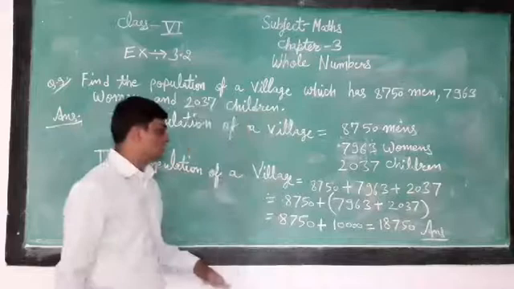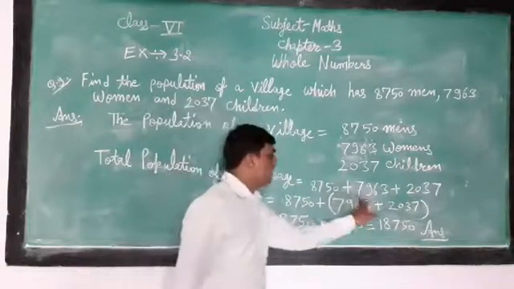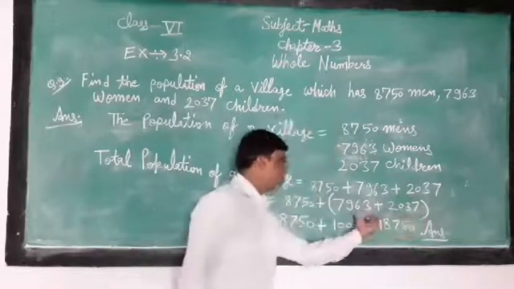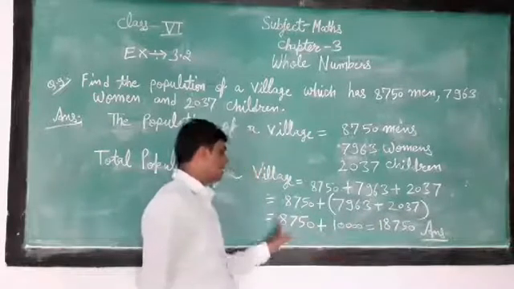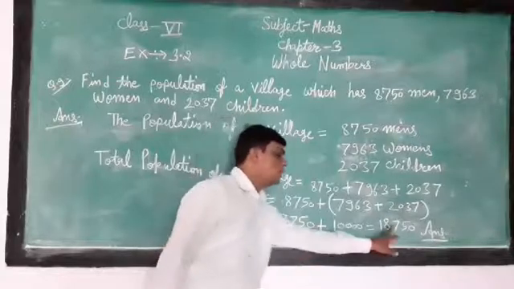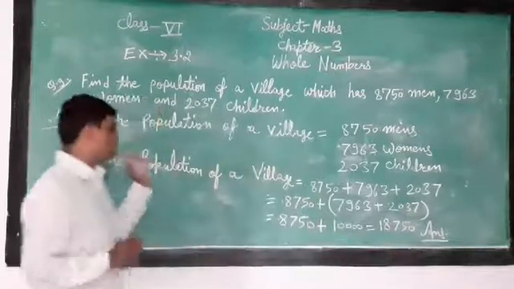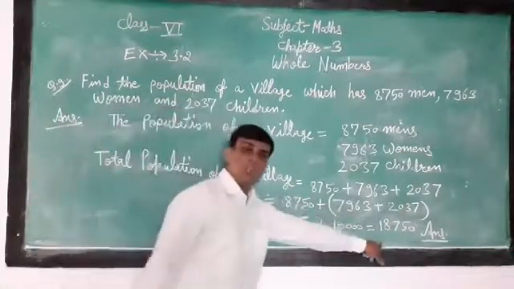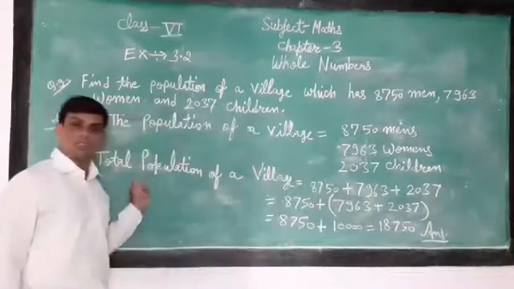Now, addition is 8,750 plus 7,963 plus 2,037. The addition is 10,000 plus 8,750. The addition is total 18,750. The total population of a village is equal to 18,750. Write down the question.